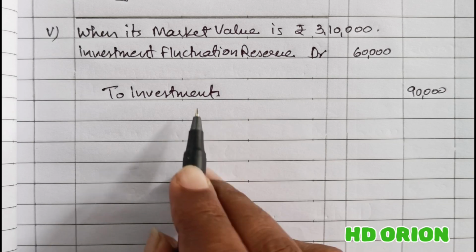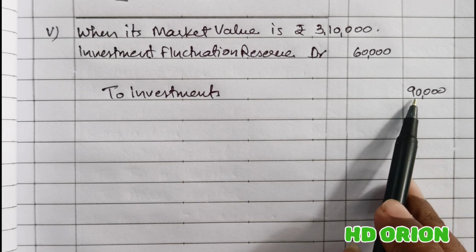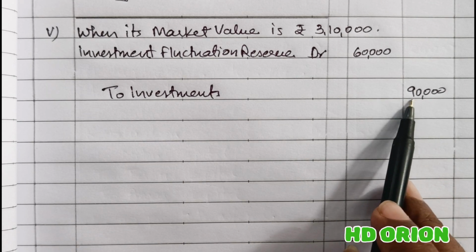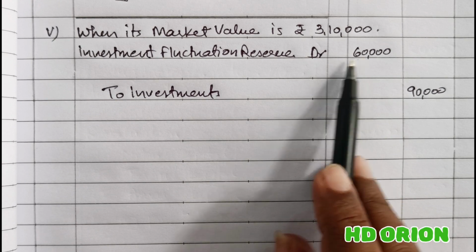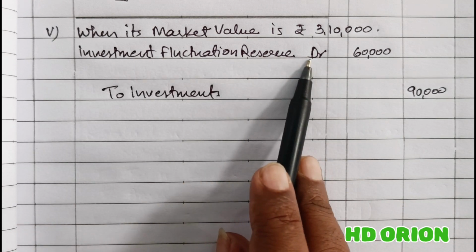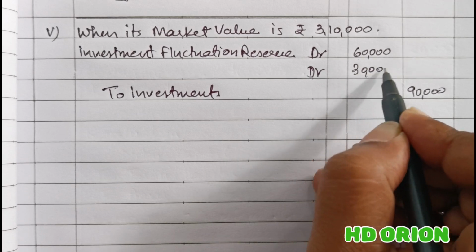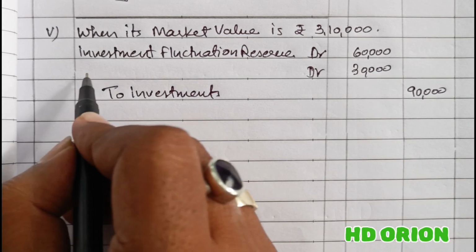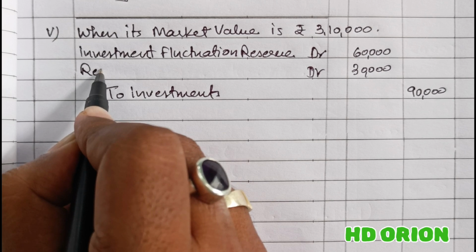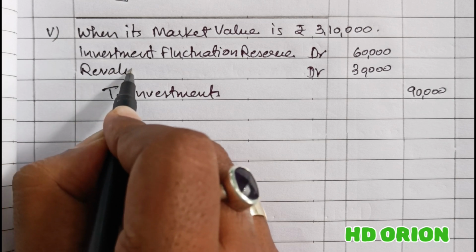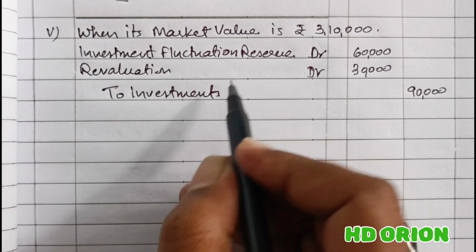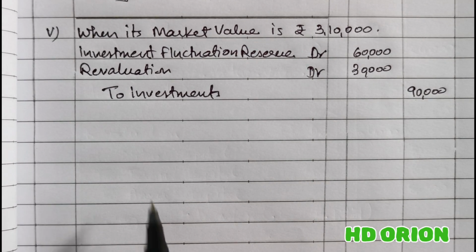So investment will be decreased, and out of this 90,000, 60,000 is adjusted against the investment fluctuation reserve, but for the remaining 30,000, the revaluation account is to be maintained.